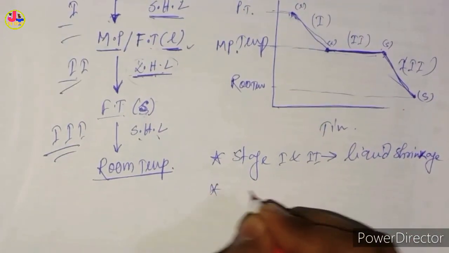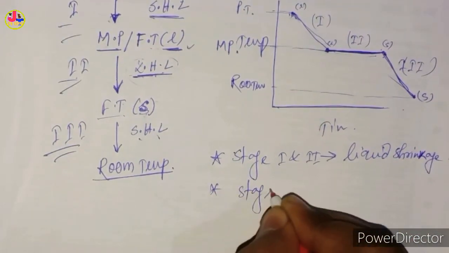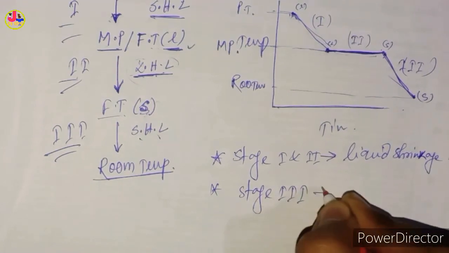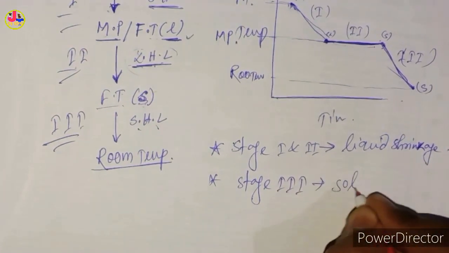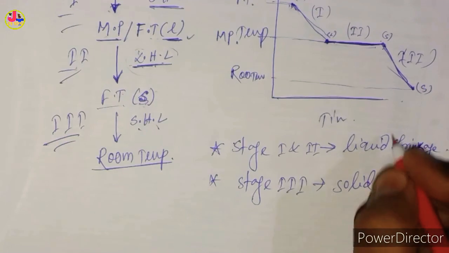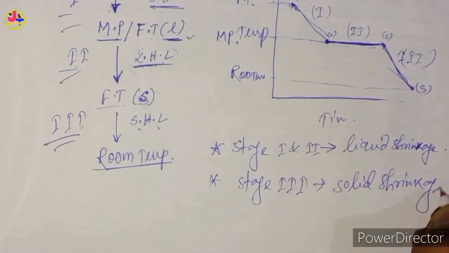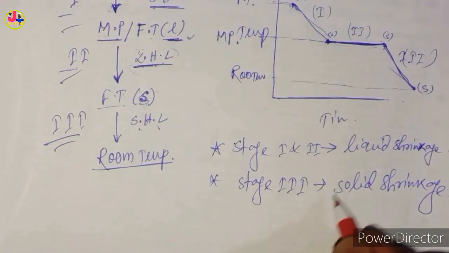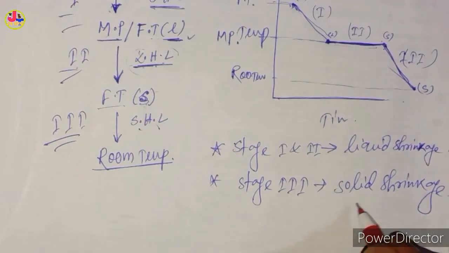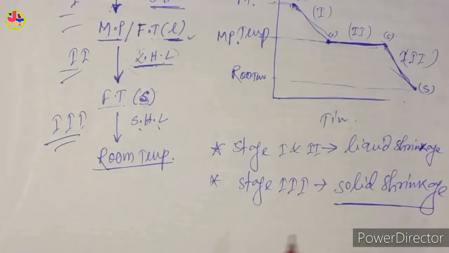Stage 3 is called the solid shrinkage. During solidification, the molten material is solidified, and then it undergoes solid shrinkage.